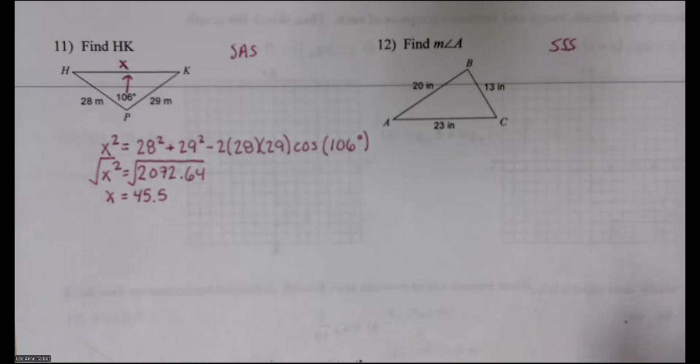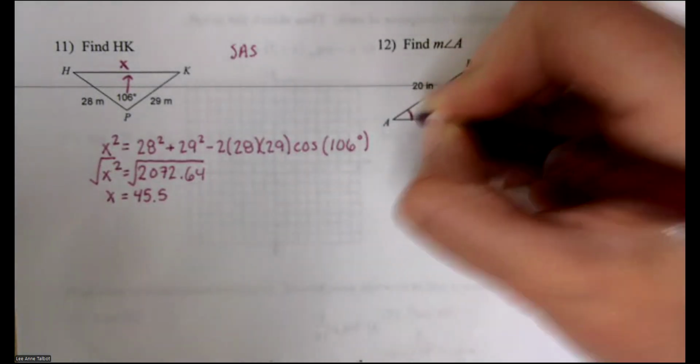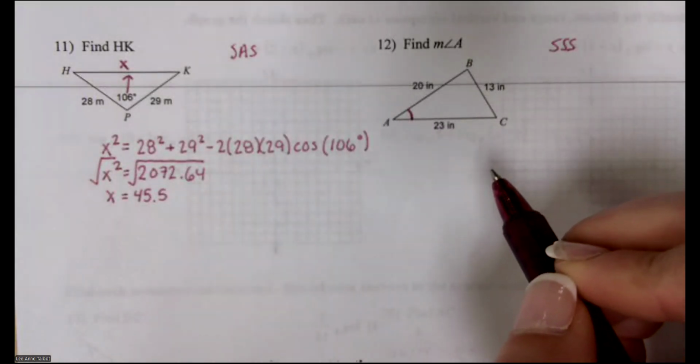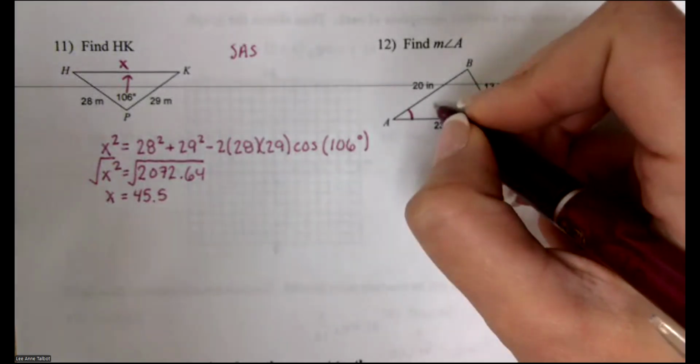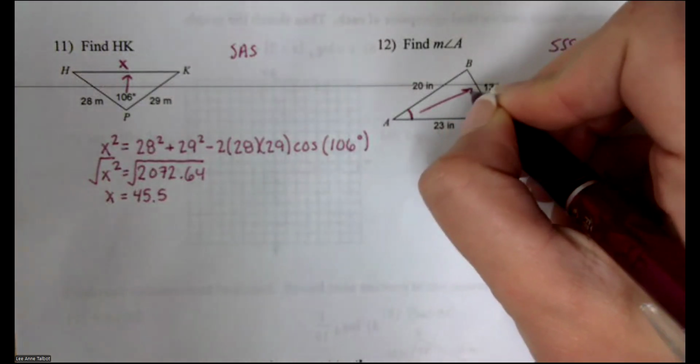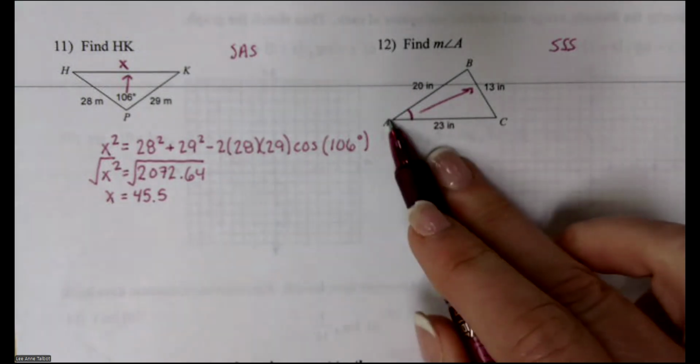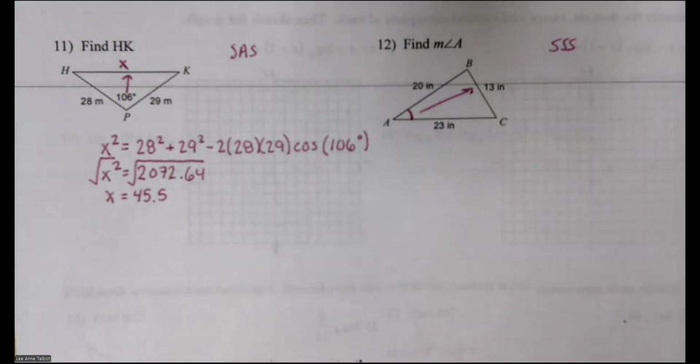Okay, anyway, side, side, side. All right, now this one says measure of angle A. Make sure that you mark measure of angle A. And remember, you always want to start law of cosines with the side across from the angle that you're interested in. I'm interested in angle A, so my law of cosines needs to start across from that, just like this one.